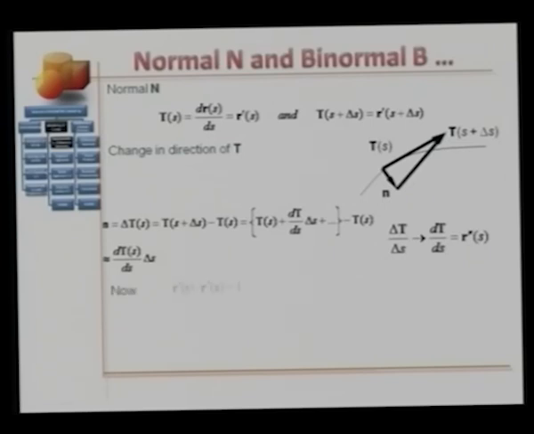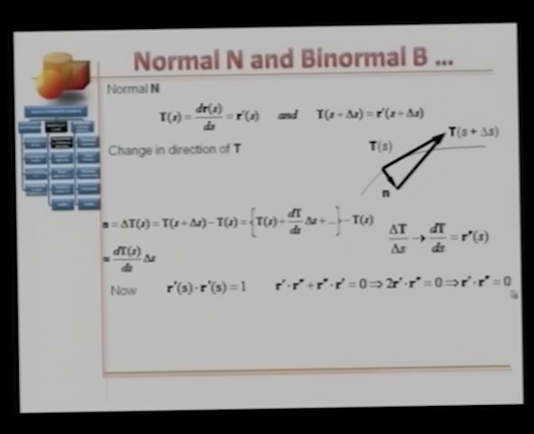Now, we know that t is a unit tangent, and so its magnitude is 1. In a sense, r prime dotted with r prime is equal to 1. If we differentiate this equation with respect to s, we get r prime dotted with r double prime plus r double prime dotted with r prime equals 0, which implies eventually that r prime dotted with r double prime is equal to 0.